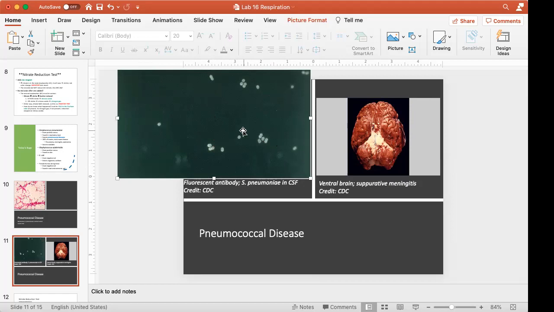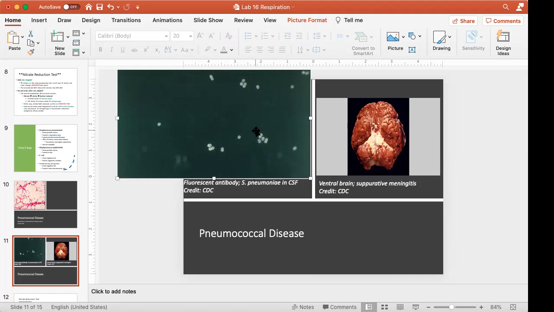These particular cells, these are streptococcal cells, Streptococcus pneumoniae. They've been labeled with an antibody. What they did was they added antibodies into the CSF sample, and the antibodies had a fluorescent tag attached to them. So the white that you're seeing is actually light coming off of those cells under the fluorescent microscope.